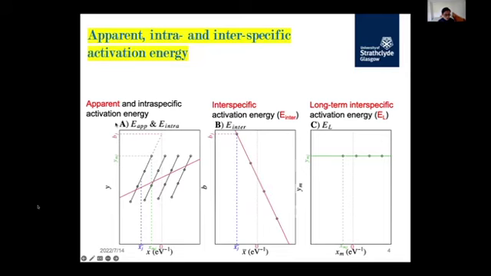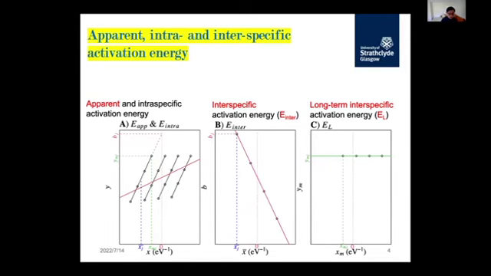Imagine the y-axis is growth rate and the x-axis is temperature, both transformed to form a linear relationship. The red line shows how we calculate the apparent activation energy: the slope of this line is the E_app, the apparent activation energy.